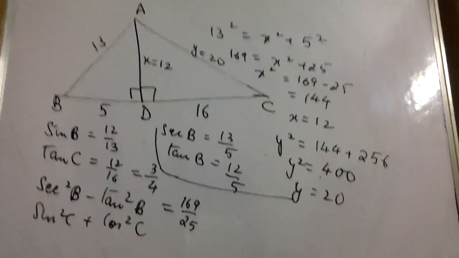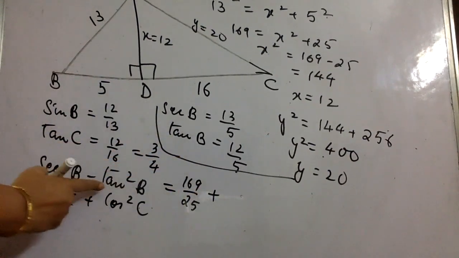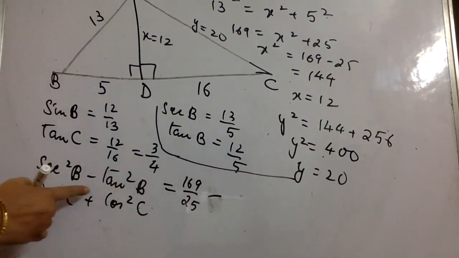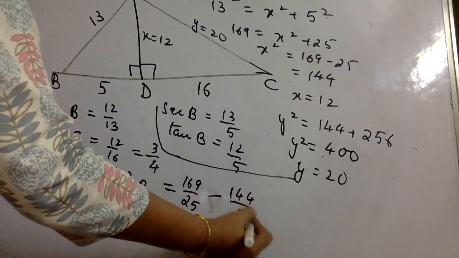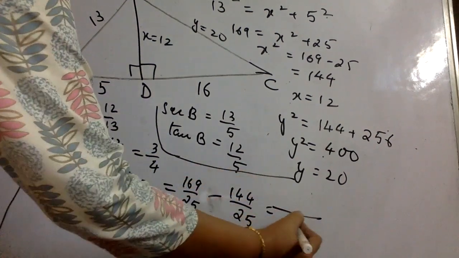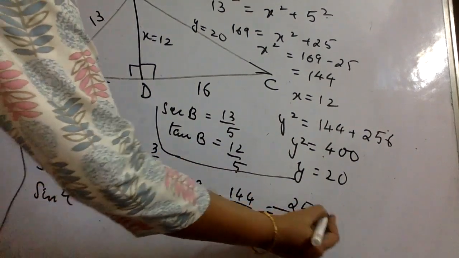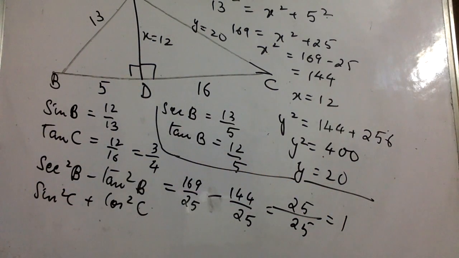And then we have minus tan square b, that is 144 by 25. 169 minus 144 will give me a 25. 25 by 25, which is equal to a 1. So the value here is a 1.